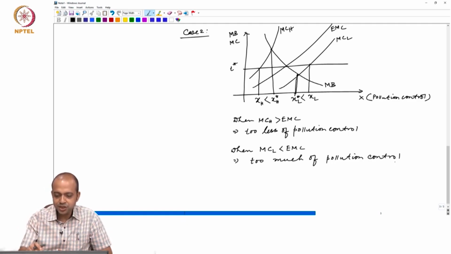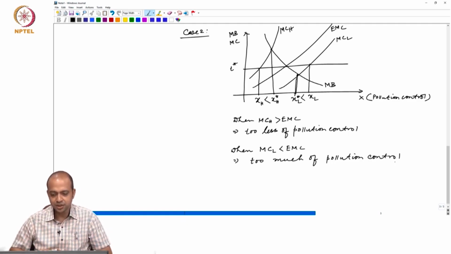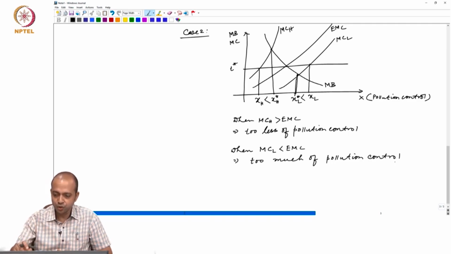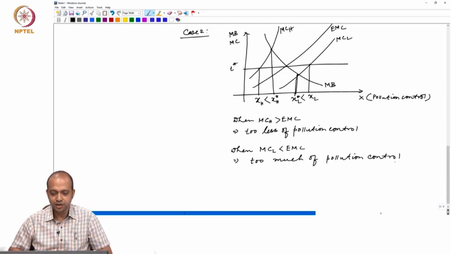When MCH is higher than the EMC, the private firm is supplying less pollution control than what the society wants. When it is lower than what we expected, the private firm is supplying more pollution control than what the society wants.